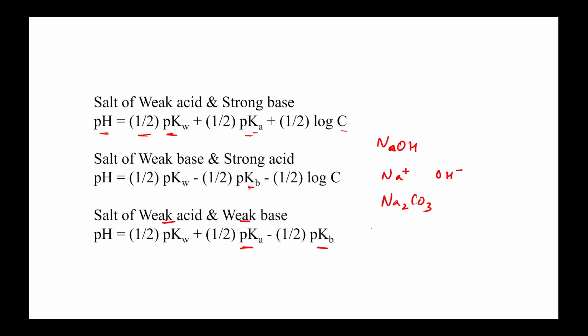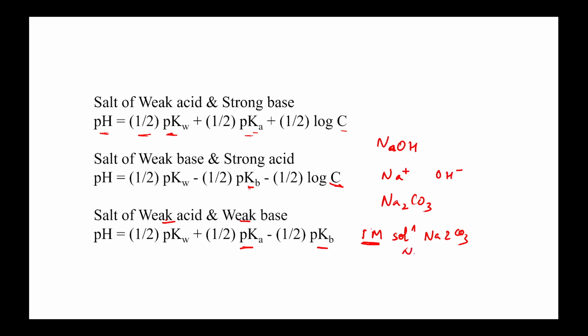If I ask you to find the pH of a 1 molar solution of Na2CO3, then 1 molar would be the concentration of this salt solution, which is C. There will be a pKa value given in this question, since it is a salt of a weak acid and a strong base.